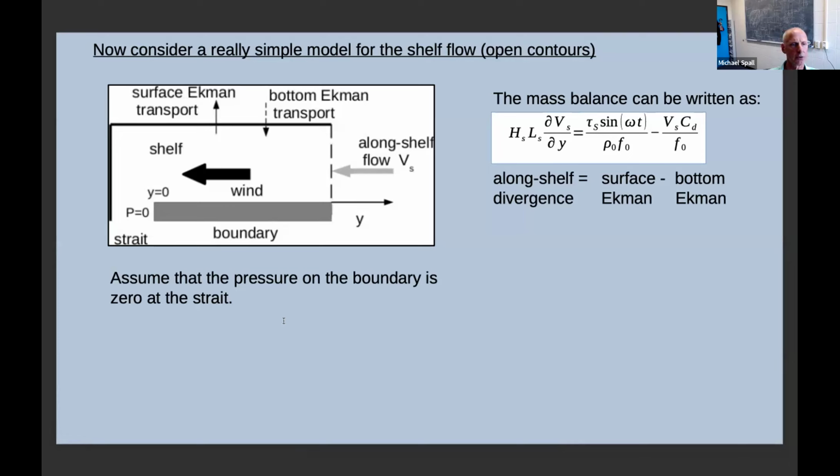I'm going to assume that the pressure on the boundary is 0 here at the strait. That's equivalent to saying there's no variability forced from outside the marginal sea. I'm considering only variability forced from the winds within the marginal sea. So we can write down the mass budget for the shelf. The divergence of the along shelf velocity is just the difference between the surface Ekman transport offshore and the bottom Ekman transport onshore. Next slide.